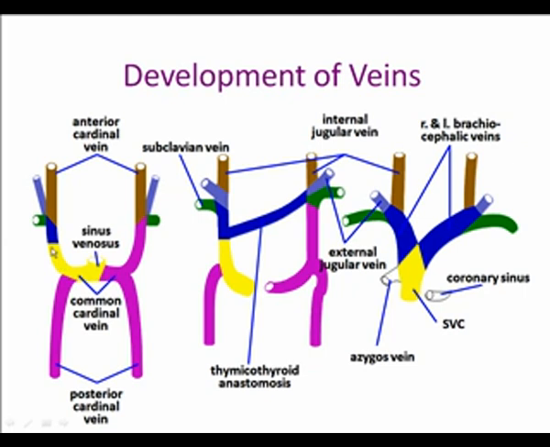On the right, the anterior cardinal is going to remain and is going to become the superior vena cava, and the posterior cardinal is going to remain and give rise to the azygous vein. And the coronary sinus is going to come from a little bit of that left common cardinal vein. So these are the structures and where they're derived from, the great vessels, the great veins.